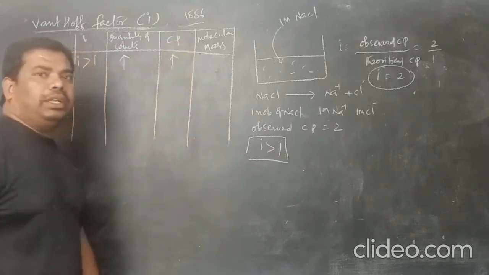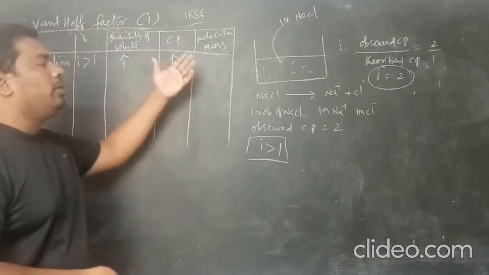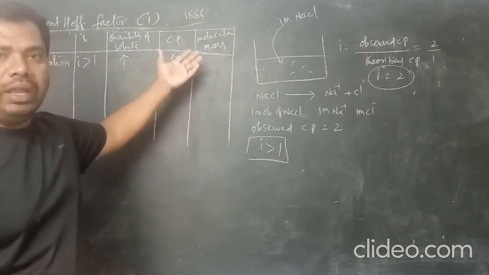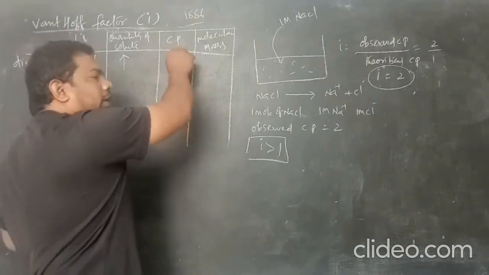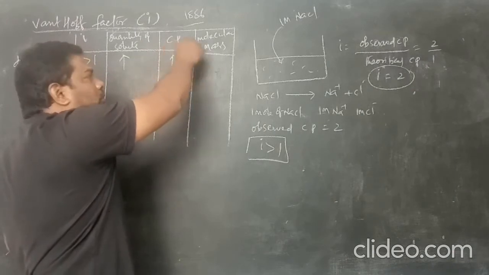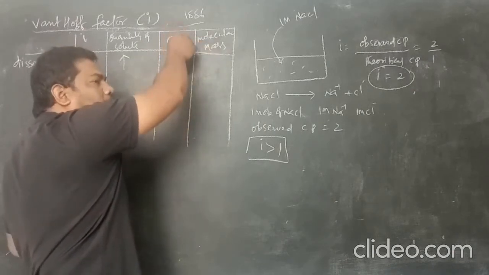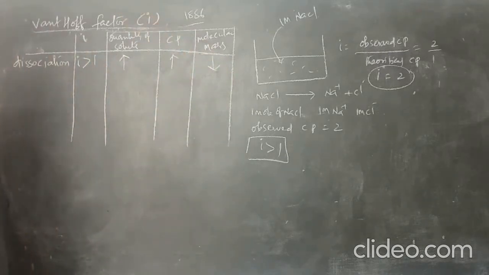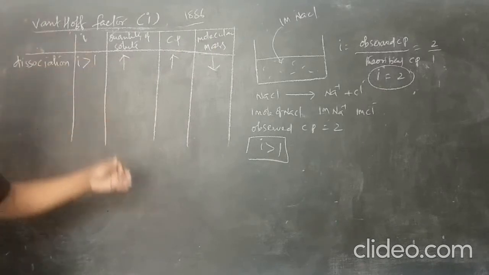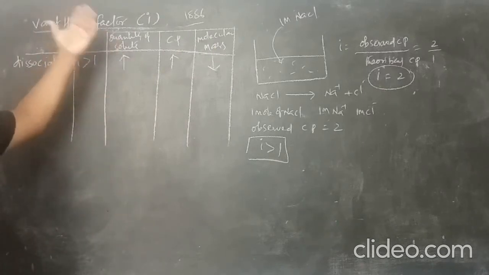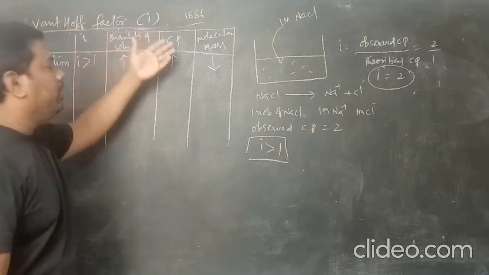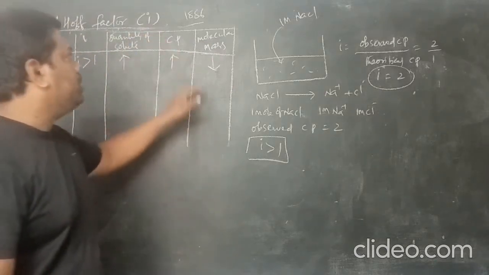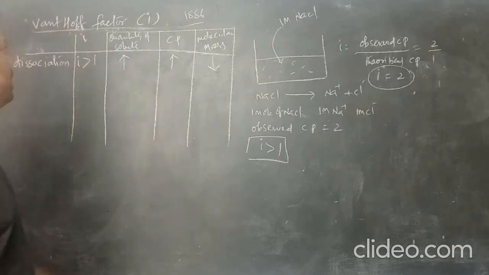The colligative properties are inversely proportional to the molecular mass, as we have already discussed. So if the colligative properties increase, the molecular mass will decrease. So when the electrolyte solution dissociates, there is an increase in the quantity of solute and in the colligative properties, but a decrease in the molecular mass, and in this case the i value is greater than 1.